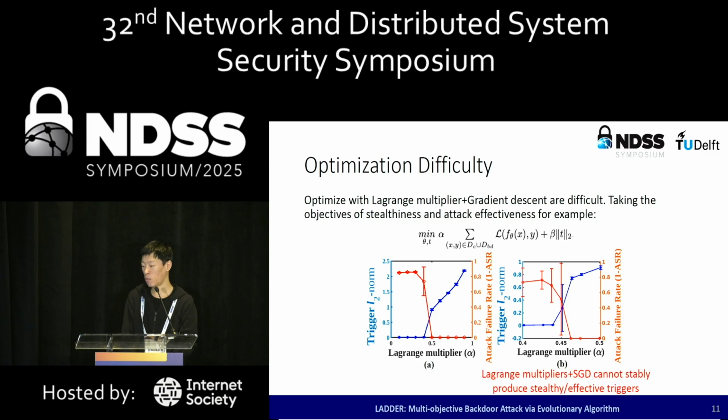And we sample the parameter alpha between 0.4 and 0.5 at a fine scale, and we see that the bar, I mean the standard deviation, is remarkably enlarged. These results show that the Lagrange multiplier and SGD, which we commonly use for optimization, cannot stably produce stealthy and effective triggers.